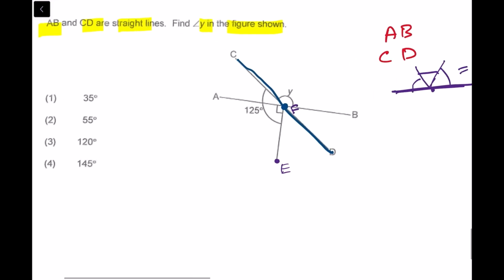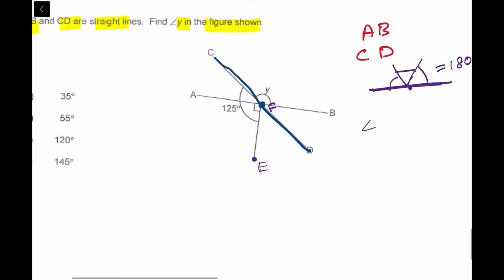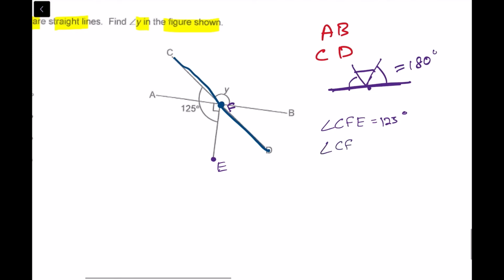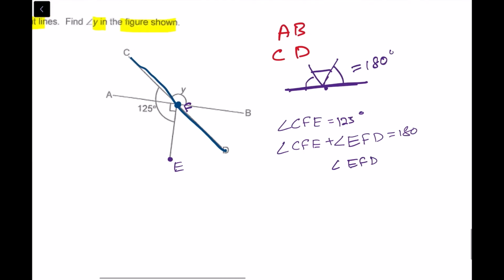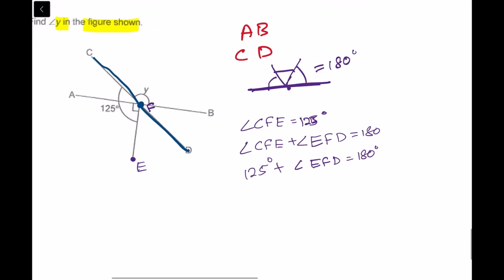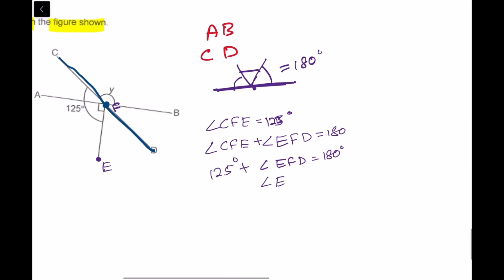Correct? Now CD is a straight line with angle CFE as 125 degrees, and we know that angle CFE plus angle EFD would give us 180 degrees, which means that angle EFD would be 55 degrees.